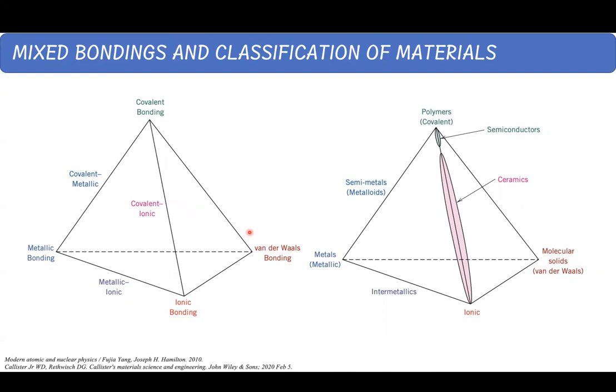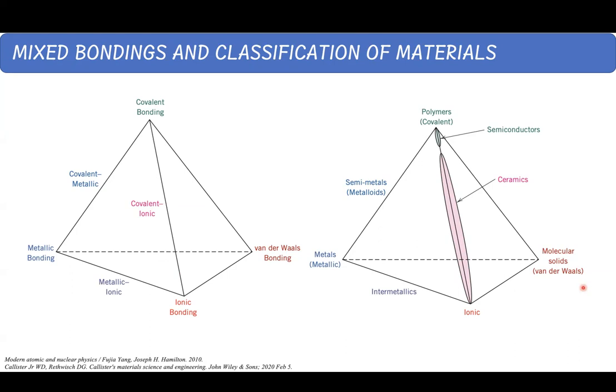There are interactions of van der Waals bonding in molecules, mostly organic molecules. There are also materials between the polymer and the metallic, which are semi-metals, which we call metalloids. The ionic and metallic mix is called intermetallic material, and between the covalent and ionic there are ceramics in this region. The region closest to covalent bonding is semiconductors, and this corner is van der Waals bonding, which happens in molecular solids.